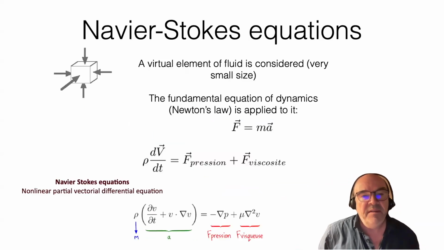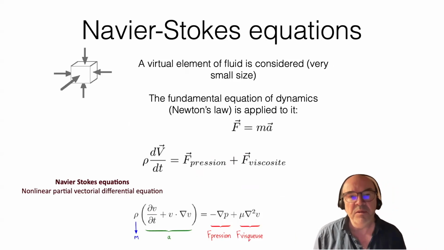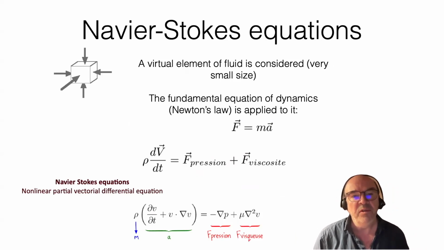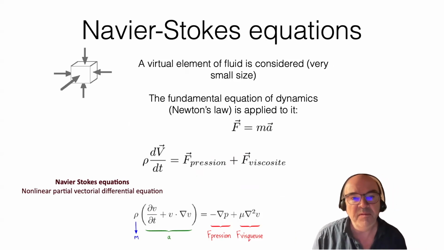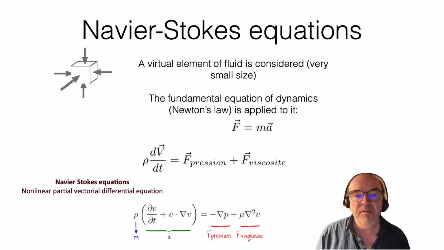So where do the Navier-Stokes equations come from? They come from Newton's law, the famous Newton's law, where you can write the resulting force equal to the mass times the acceleration. This is written for a virtual element of fluid of small size, and by applying different hypotheses, we obtain a differential equation, which is the Navier-Stokes equation.